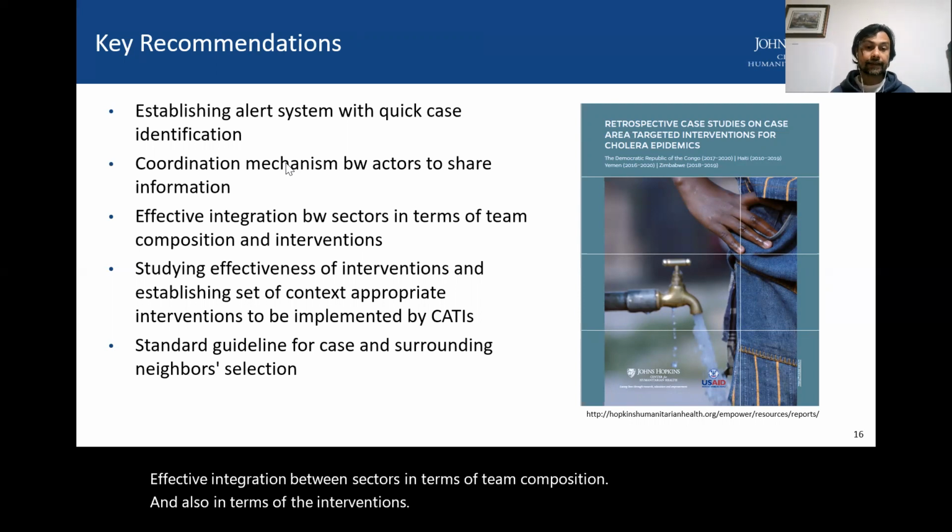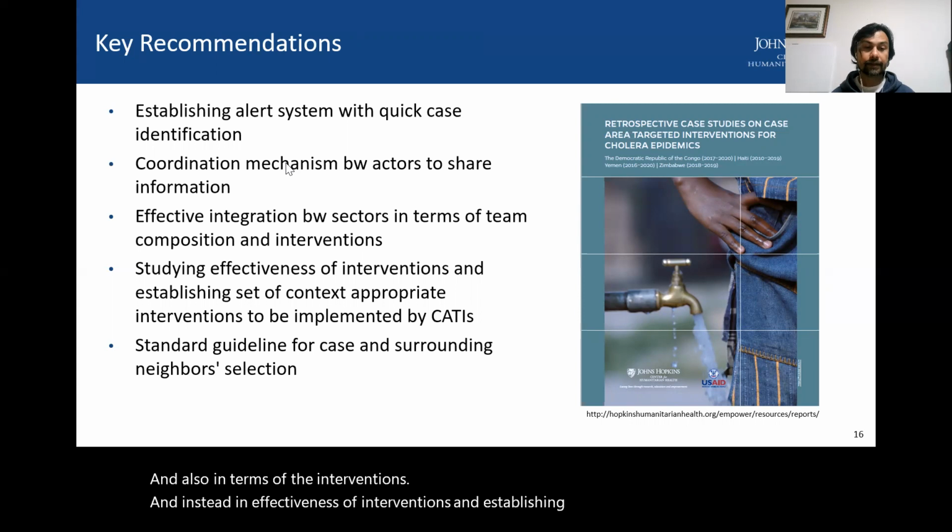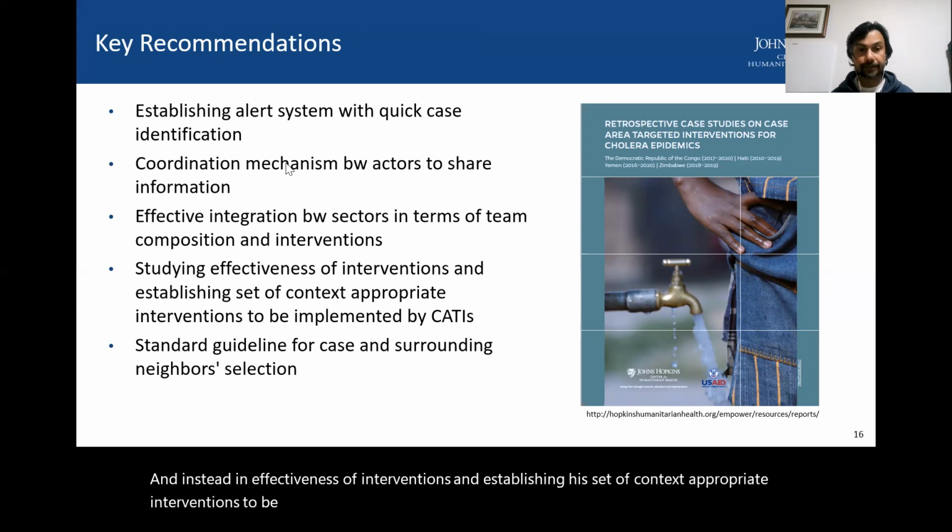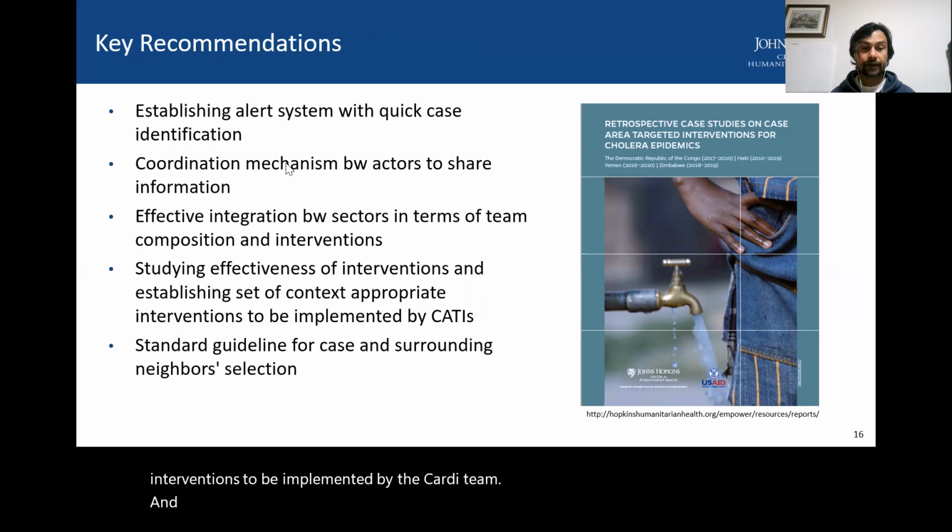And then studying effectiveness of interventions and establishing a set of context appropriate interventions to be implemented by the CATI team, and establishing standard guidelines for case and surrounding household selections.